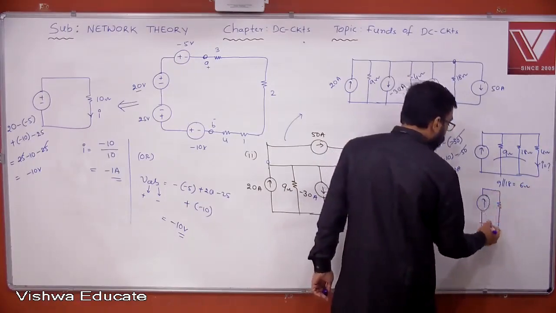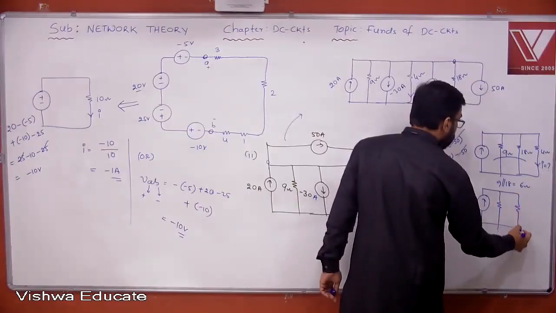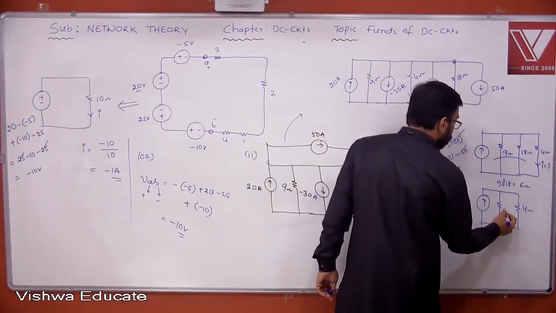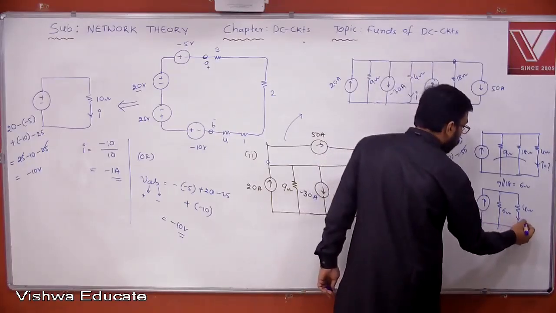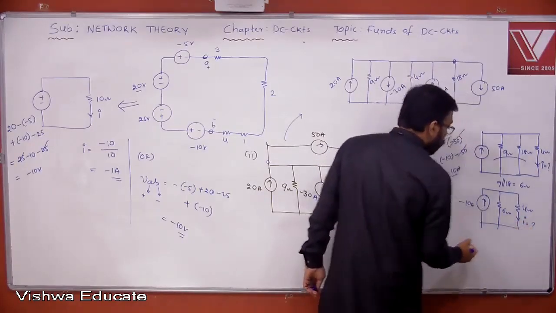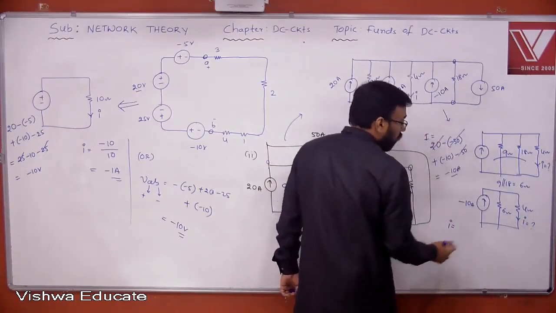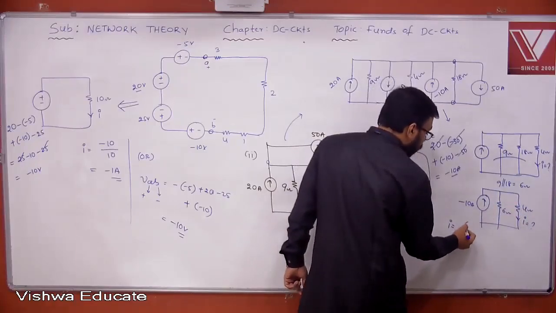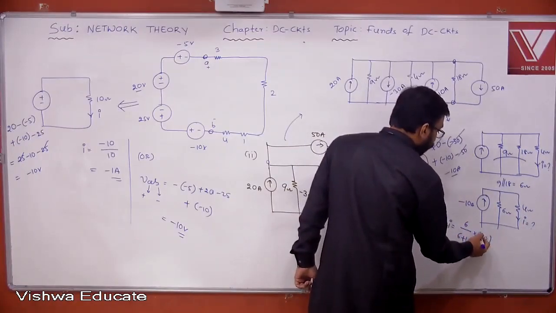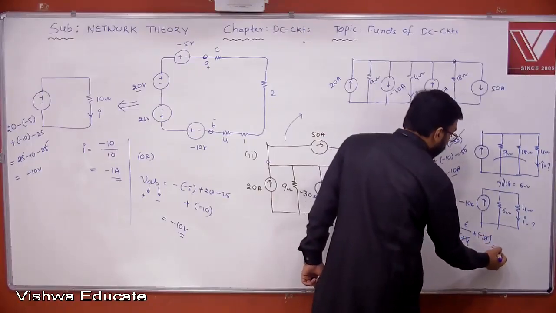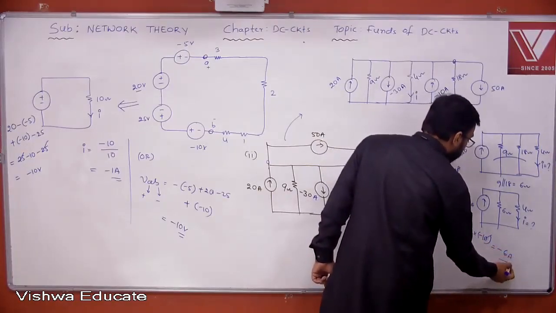Now 6 ohm and this is 4 ohm. The current here is minus 10 amperes. Then you are expected to determine what is I here, right? So I is equal to the opposite resistance, 6 by 6 plus 4, into minus 10. So 10 gets cancelled, and finally you get minus 6 amperes.